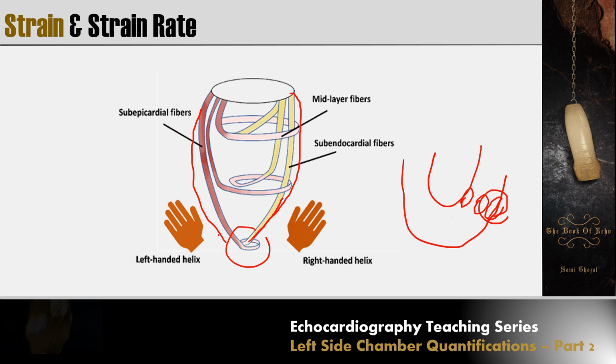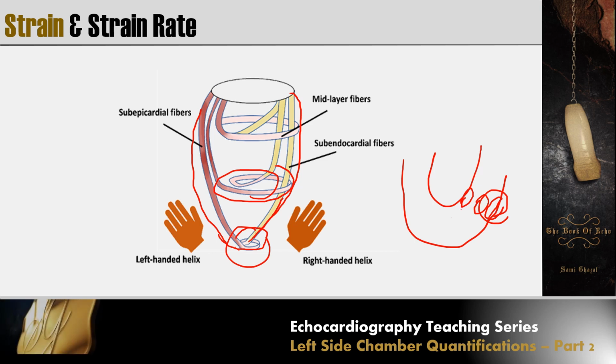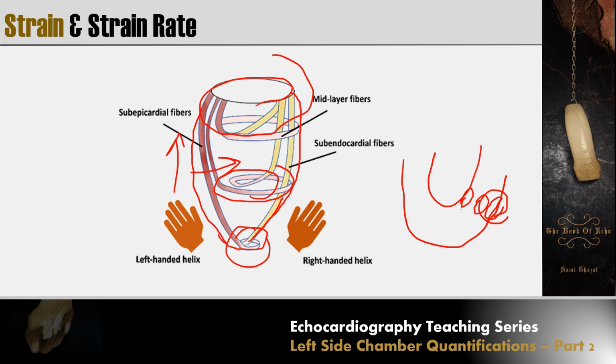And on the other side, they will continue as the mid-layer fibers, which will run in a circumferential manner and then join the subendocardial fibers. This different orientation of the myocardial fibers will give us different motion of the heart during systole. It will give us longitudinal motion, radial motion, as well as circumferential motion.